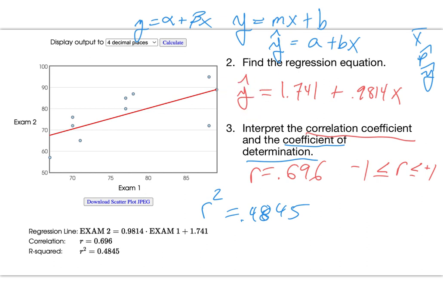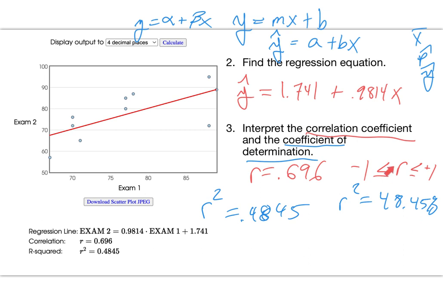All right, so I'll say it out loud once, then I'll even try to write this down in terms of an interpretation. R squared will typically then be rewritten as a percent. And here's how it would be stated.